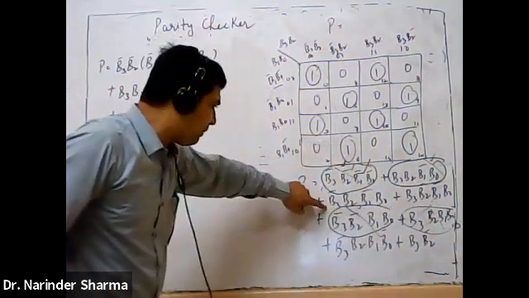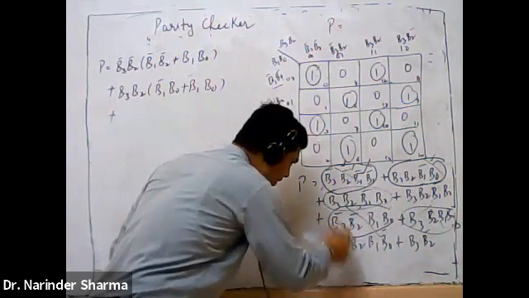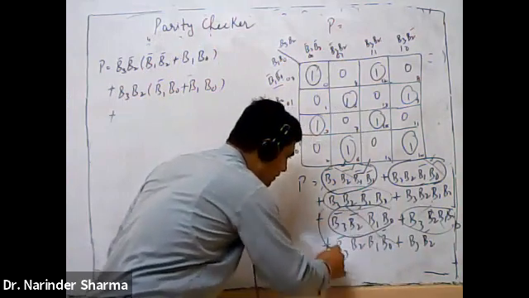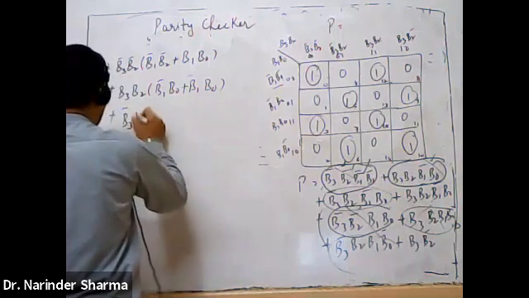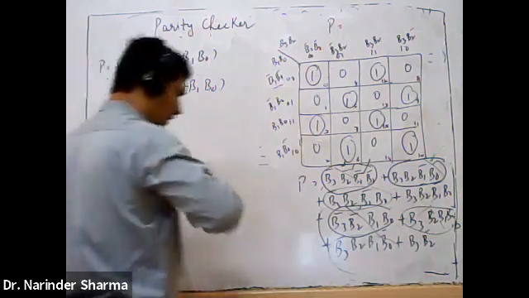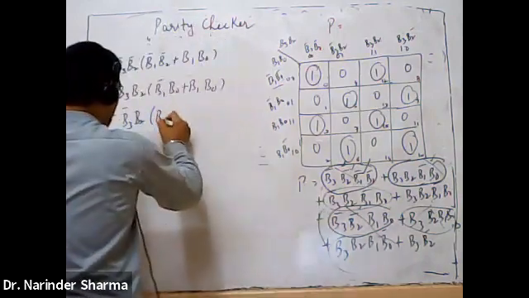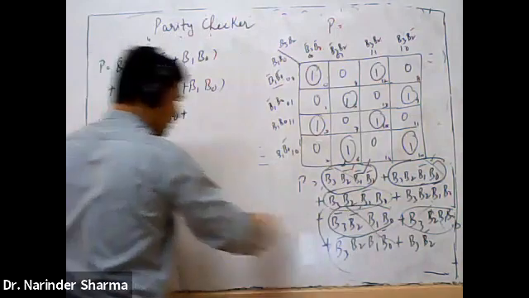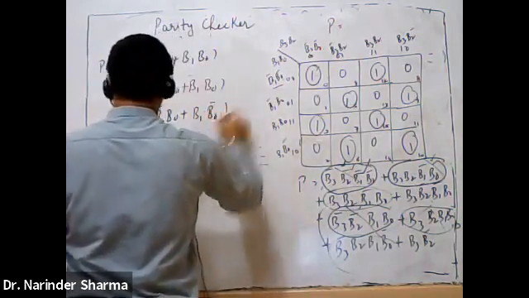Next is B3 bar, B2. From here you can see this one and this one. B3 bar, B2, B3 bar, B2. Here you can take common B3 bar, B2, and there would be B1 bar, B0 plus B1, B0 bar.